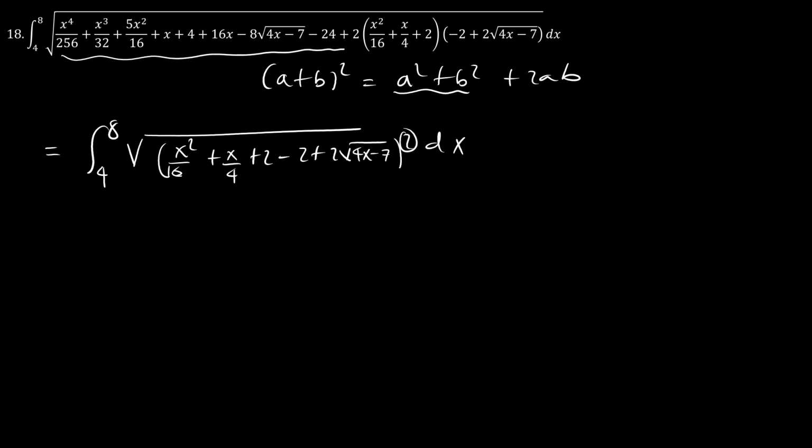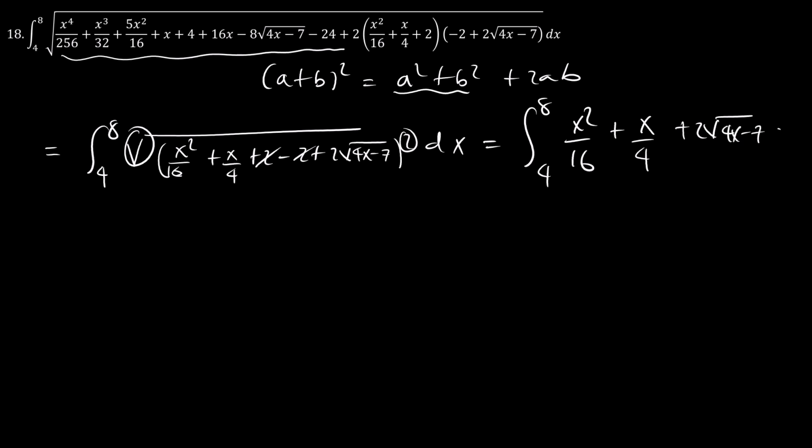So this and that cancel, so we have 4, and since these two go, we have a square root from x equals 4 to x equals 8 of x squared over 16 plus x over 4 plus 2 times the square root of 4x minus 7.